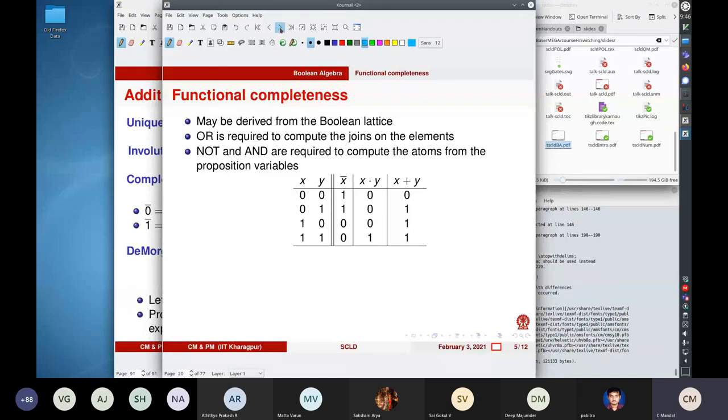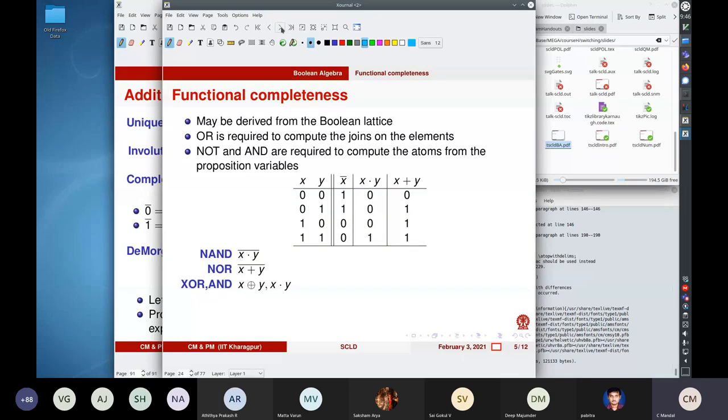Now the interesting property is that if you define an operation such as NAND, then you can express these operations using these operations, and also De Morgan's laws.